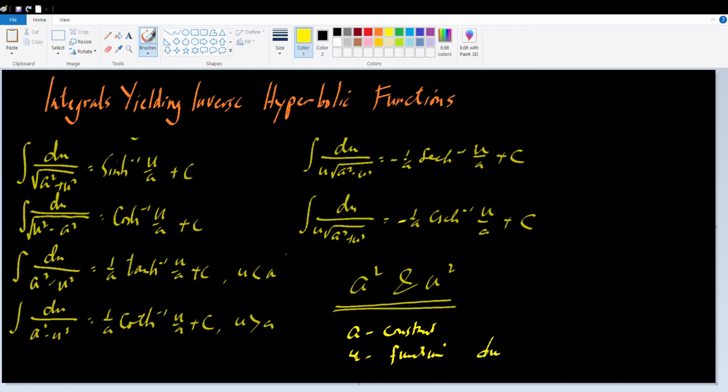We also notice that these formulas are similar to those that yield the inverse trigonometric functions of inverse sine, inverse tangent, and inverse secant. Okay, so we need to memorize these formulas and we must know how to apply them correctly for a given integral. So let us now work on some examples.